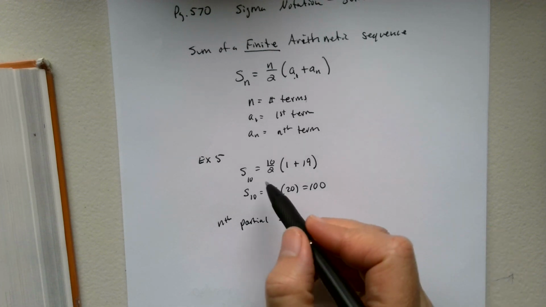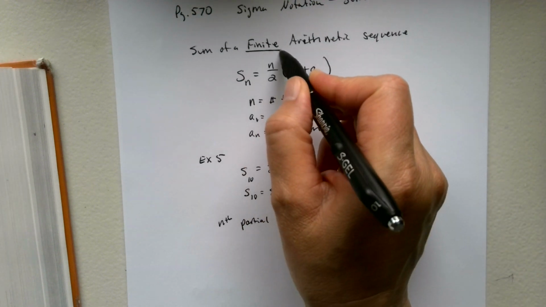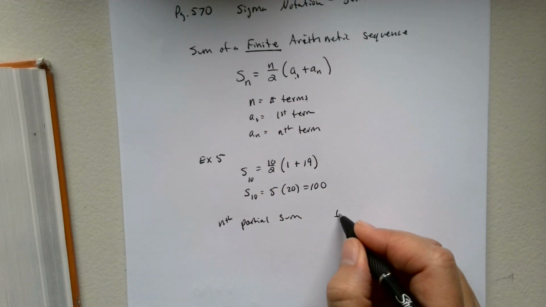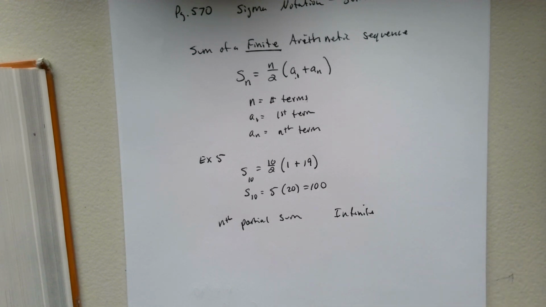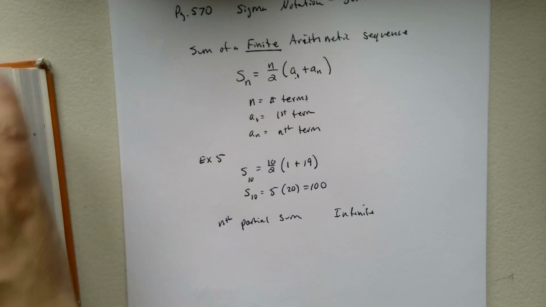This formula is for a finite sequence that has a stopping point. If you have an infinite sequence, of course you can't find the sum of the infinite number of terms, but if they say, what is the sum of the first 100 terms of this infinite sequence, we can do that. So let's turn to page 574.